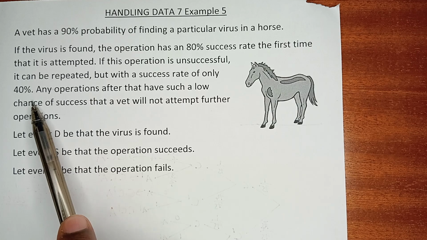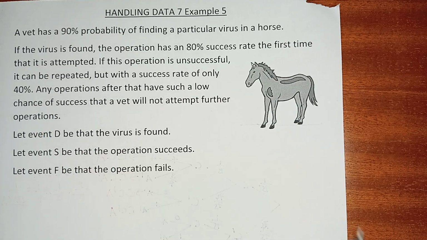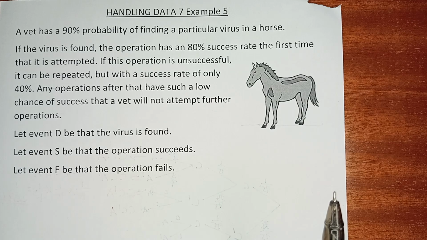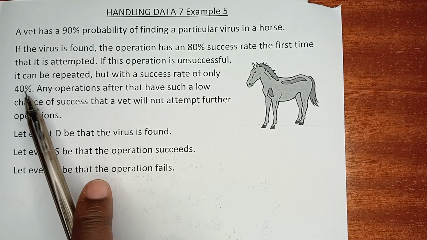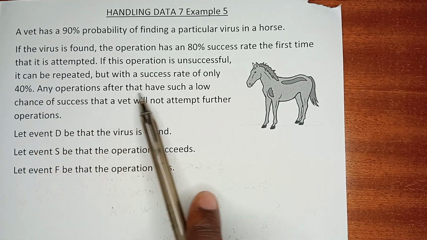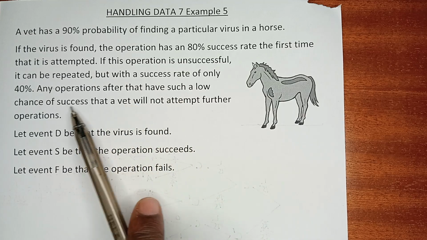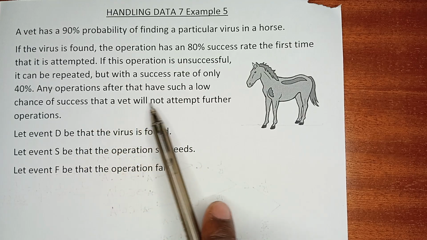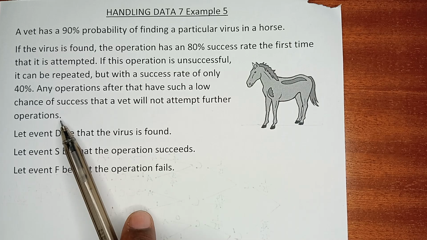That means if the horse does not get cured in the first attempt of treatment, we can attempt again, but this time with only 40% probability of the horse being healed. Any operations after that have such a low chance of success that a vet will not attempt further operations. That means no horse is operated on 3 times, because from the 3rd time onwards, the success rate is very, very slim.